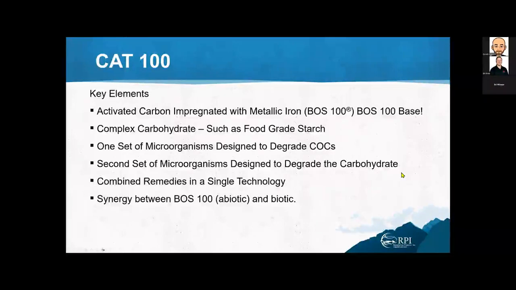We add one set of microbes for degrading the COCs, the chloroorganic compounds, and a second set of microbes that degrade the carbohydrate, fermenters to be particular. This gives you a kind of combined remedy in one technology. So you have both the biotic and the abiotic pathways operative.